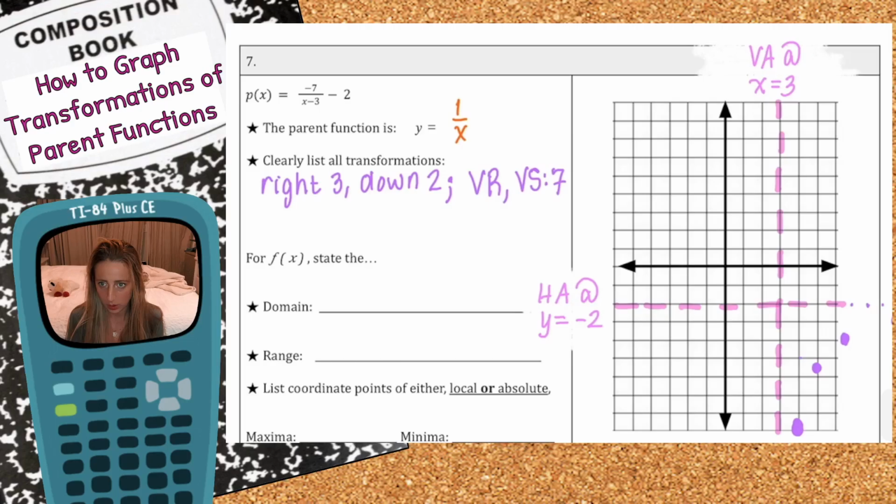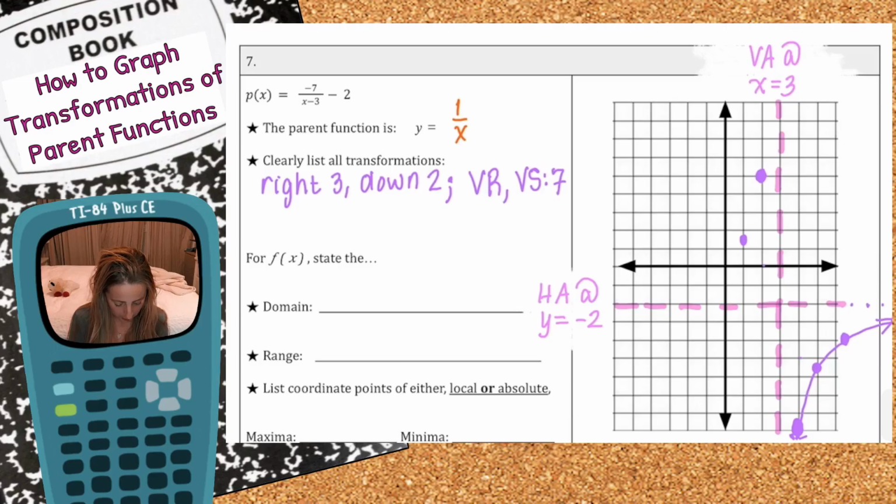Let's see if I can go. Can I? Yeah, kind of. I can't really see, so I'm just going to draw that. Okay, and then left 1, up 7, 2, 4, 6, 7. Over 2 and up 3.5.